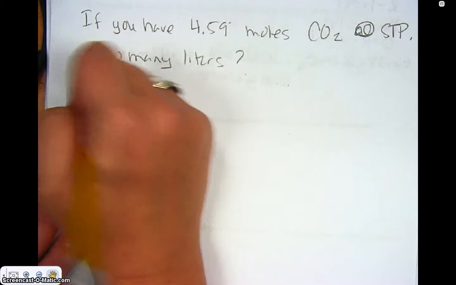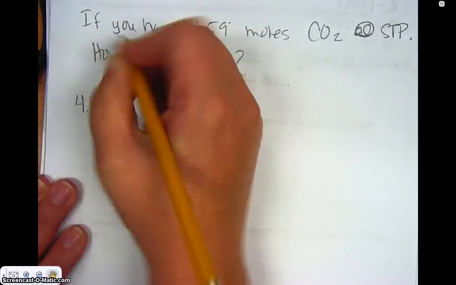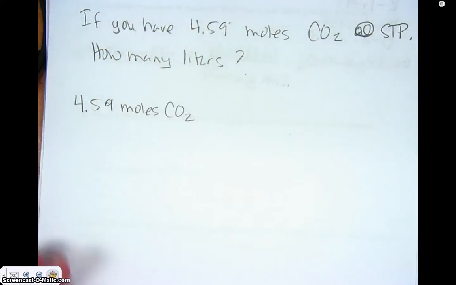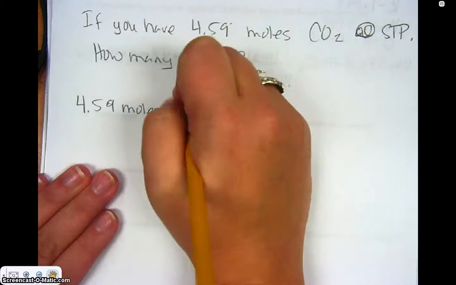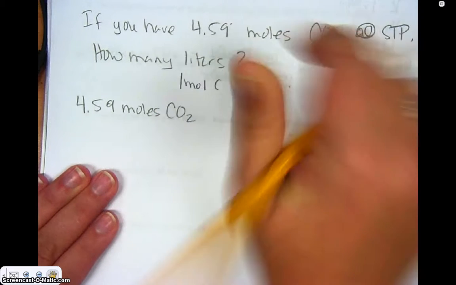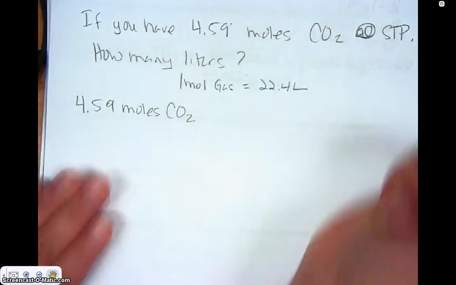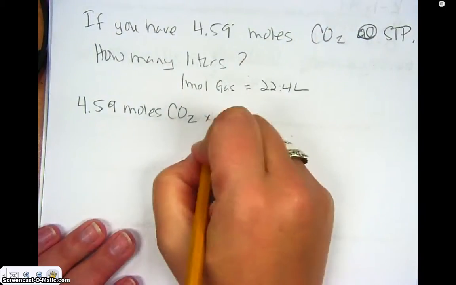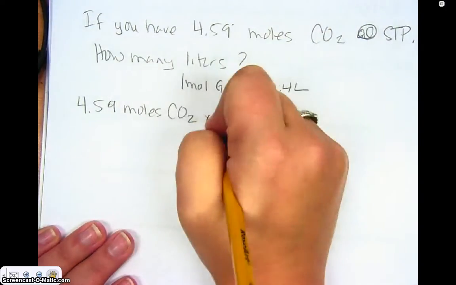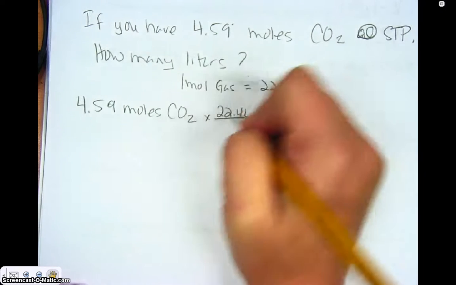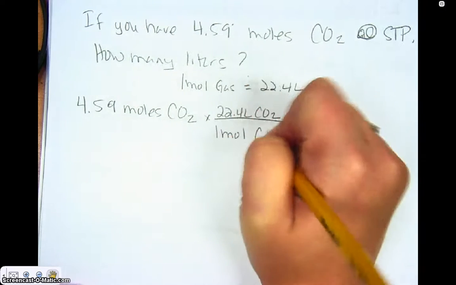So 4.59 moles of CO2. And I know that my conversion factor is that 1 mole of any gas is equal to 22.4 liters. I want to go to liters, so I'm going to put the liters on top. So there are 22.4 liters of CO2 gas per every 1 mole of CO2.